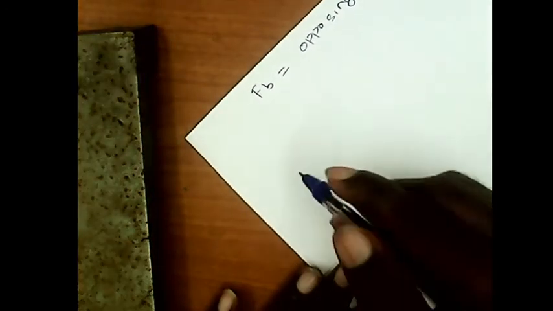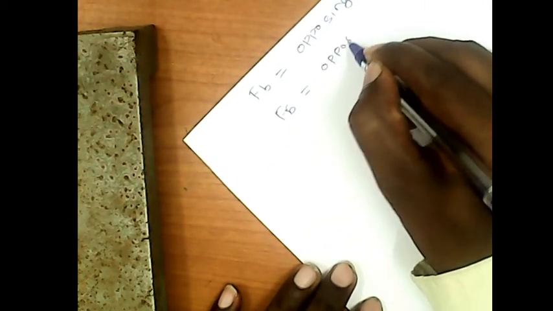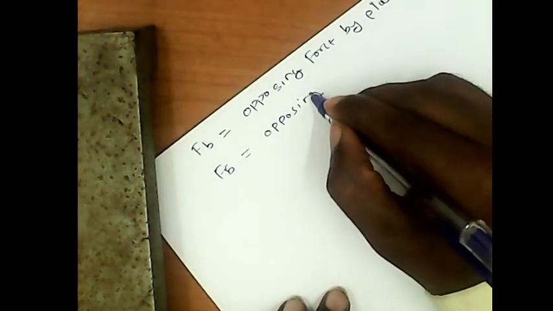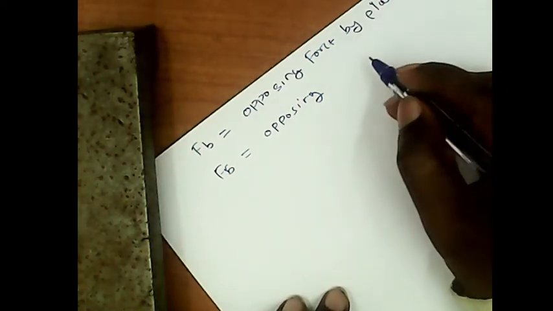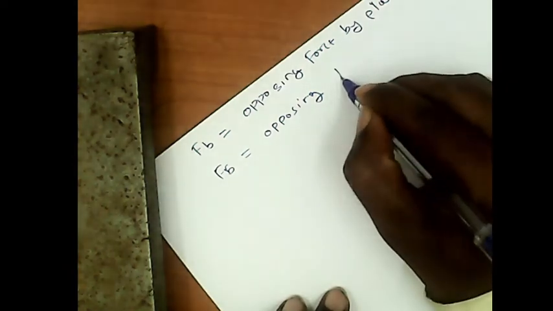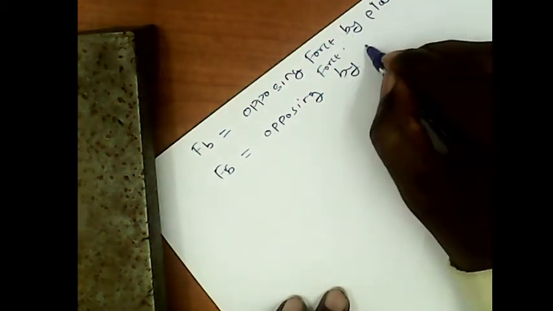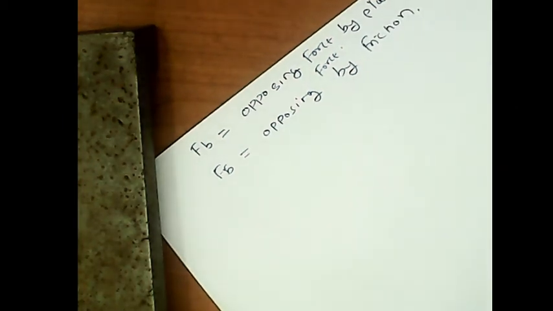Then we can also write Fb is opposing force. This term is very important when we are dealing with the mechanical system in both terms, translation as well as rotational. Opposing force by the friction. So the translation motion will be in terms of linear displacement, it may be due to elasticity or due to the friction.